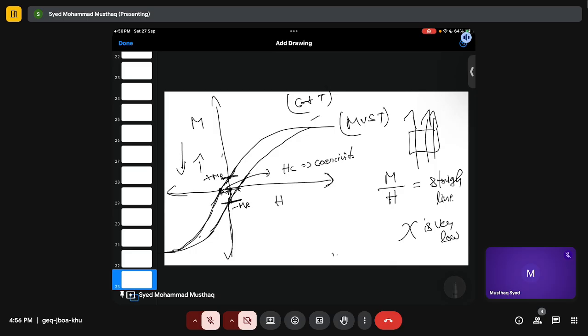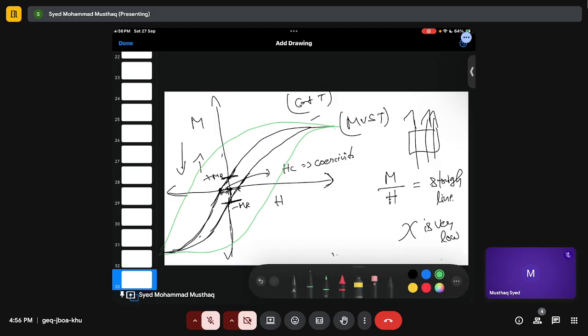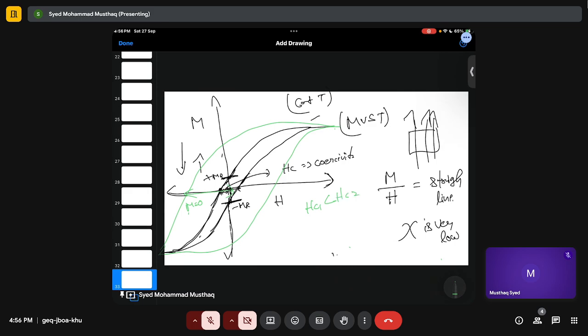If my MH curve looks like this, then I need to apply a larger magnetic field to make M 0. So HC1 is less than HC2. This is soft, this is hard. The name itself suggests that it is easy to demagnetize in one case and hard to demagnetize in the other.